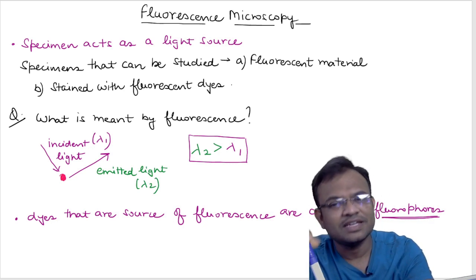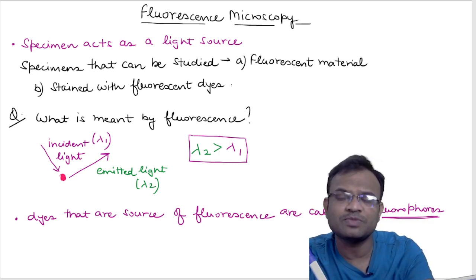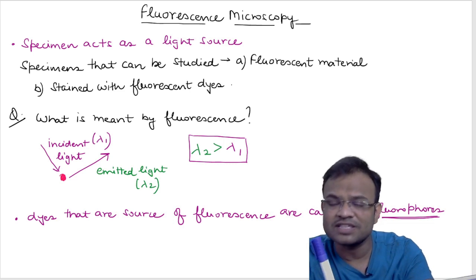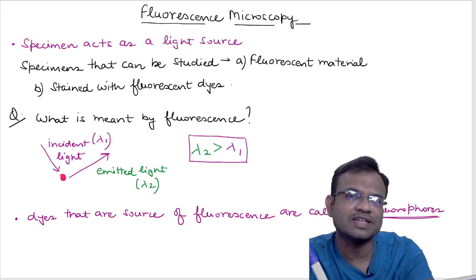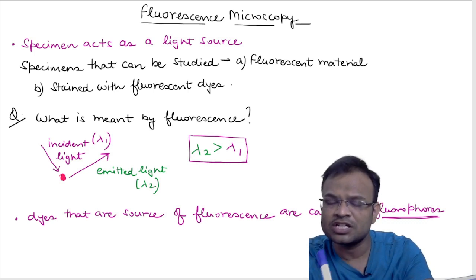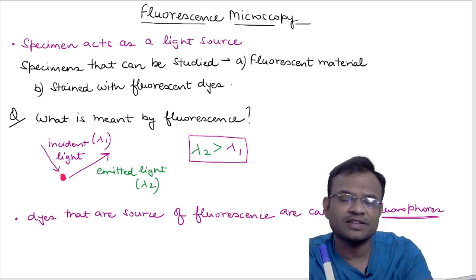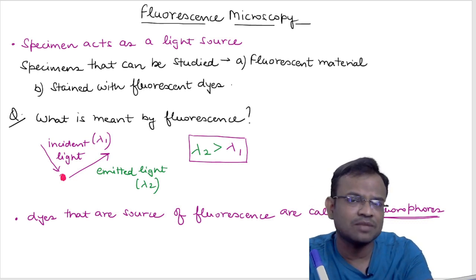In dark field microscopy, we said that we can visualize specimens that are unstained also, that do not require stain. Similarly, in phase contrast microscopy, we said that we can visualize living specimens. In electron microscopy, we said that only dead specimens can be observed.